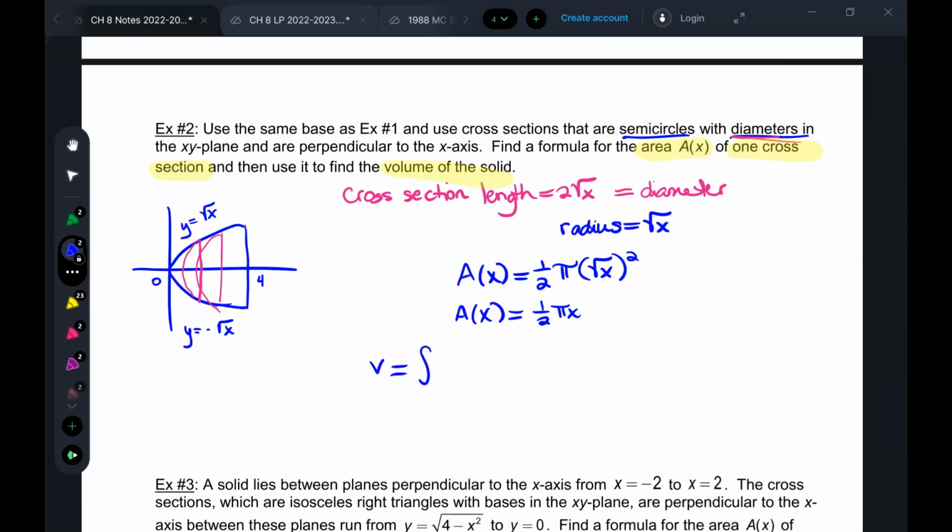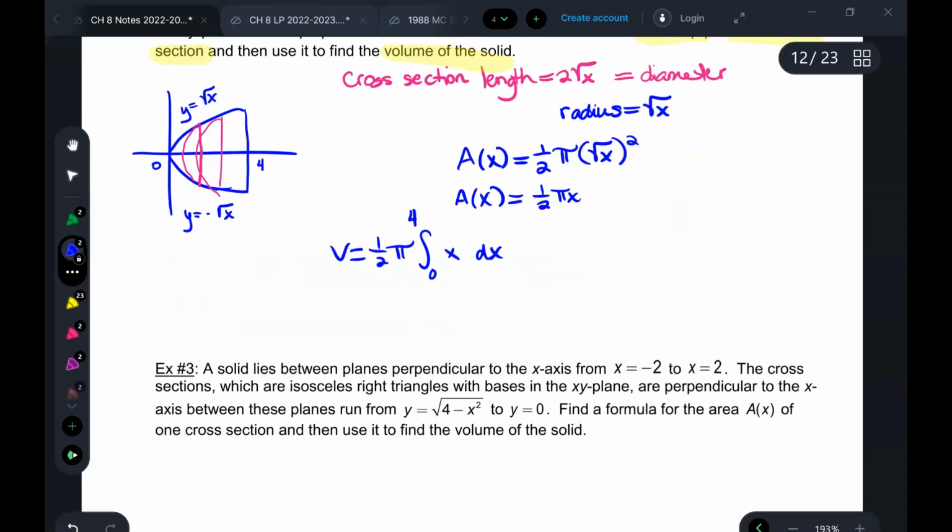And now the volume. Limits of integration are going to be the same, so 0 to 4. Now, also I'm just going to put the 1/2 and the pi out in front. You don't have to. But coefficients don't change anything, right? Okay. So that's just going to give us what? x squared over 2, so then that'll be pi over 4 x squared.